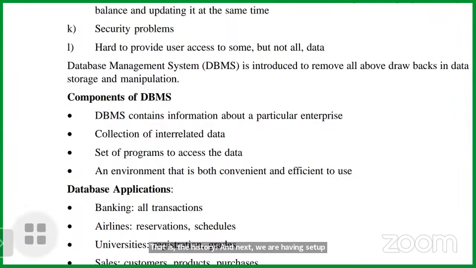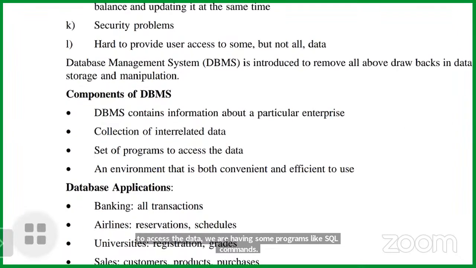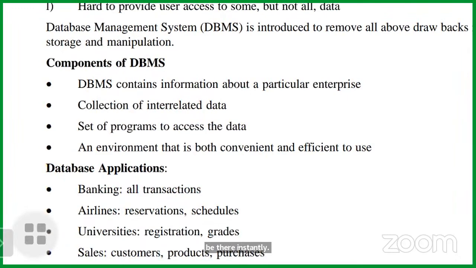To access the data, we have programs like SQL commands, some software. And we have an environment that is both convenient and efficient to use. So using the DBMS, you can use the software conveniently and efficiently. These are the main components of DBMS.